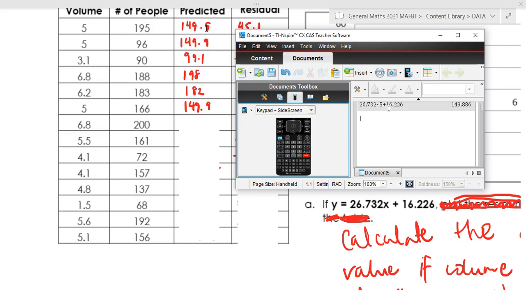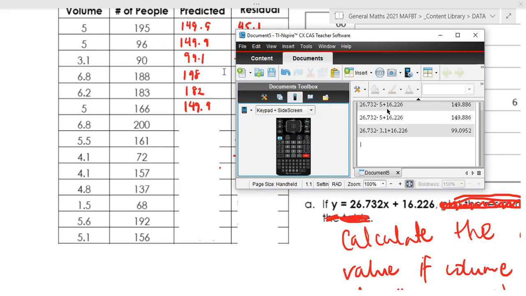So 149.9 for that one, and then you can keep repeating and just change your x variable to the next one. So that's the second one. Looking at the third one here, 3.1, change the x variable to 3.1.